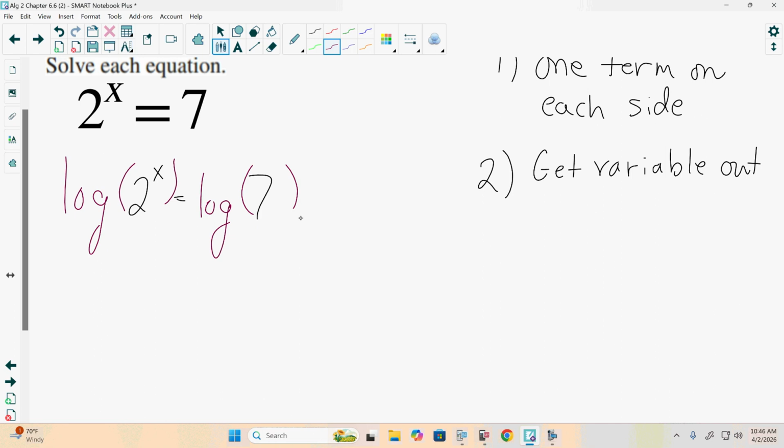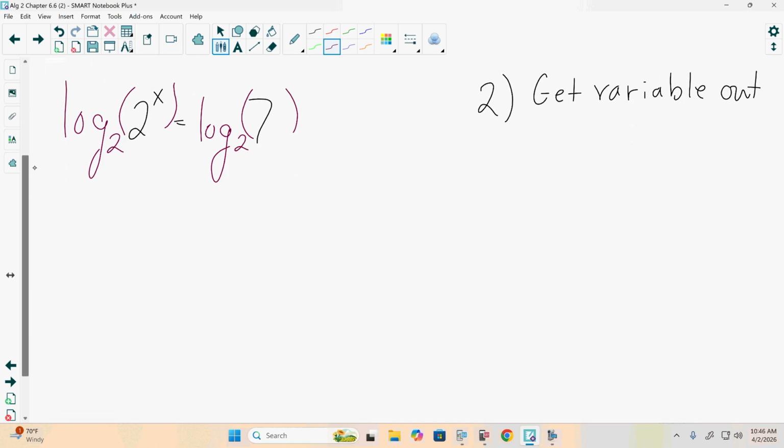And the log we want to apply to both sides is going to be a log base that's going to make that left side nicer. And what is the base of the left-hand side that we started out with? 2. So what I'm going to do is I'm going to apply log base 2 to both sides.